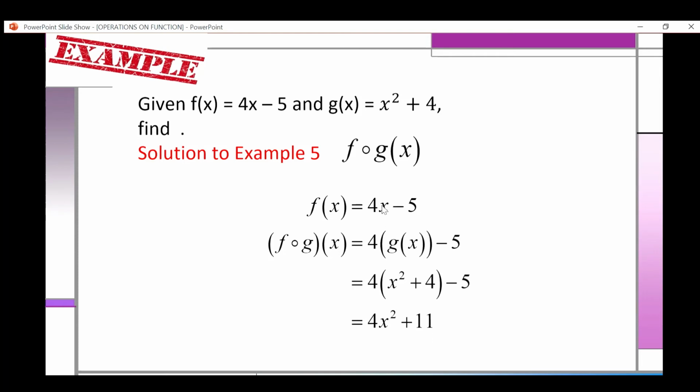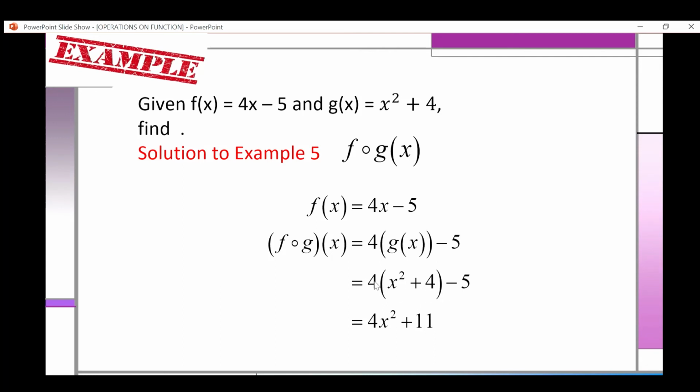So, ipapasok natin dun sa x, si g of x. Ayan. So, magiging 4 times g of x minus 5. Tapos, ano ba yung g of x natin? Diba? X squared plus 4 siya. So, i-substitute natin dito sa g of x. So, 4 times x squared plus 4 minus 5.